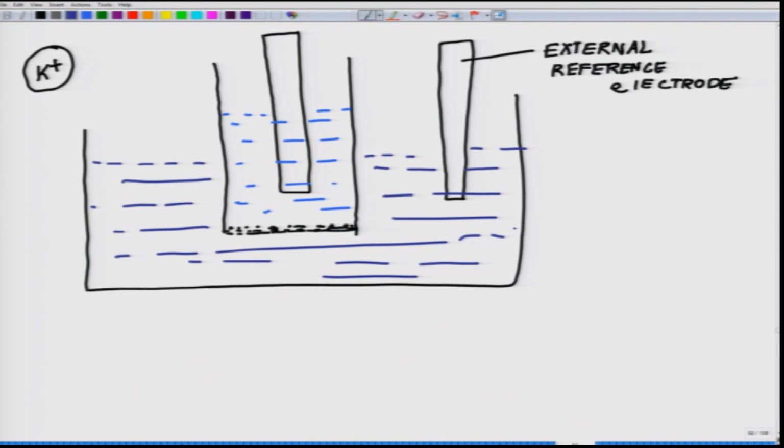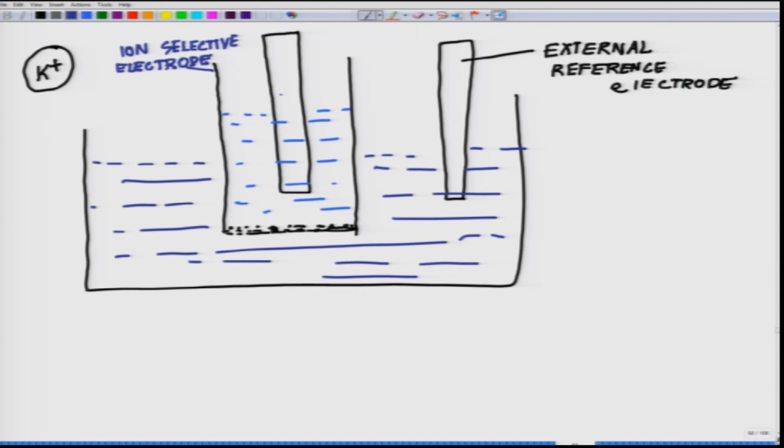Okay. Now, that is the external reference electrode. This is the ion selective electrode.